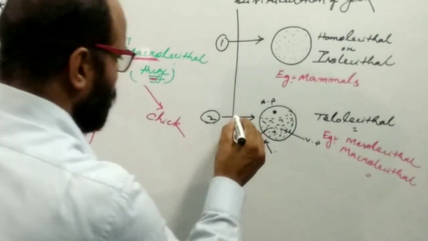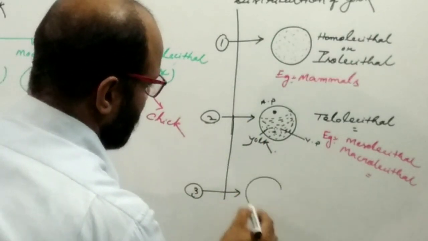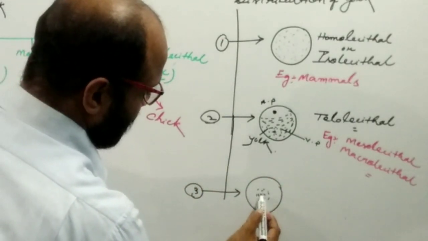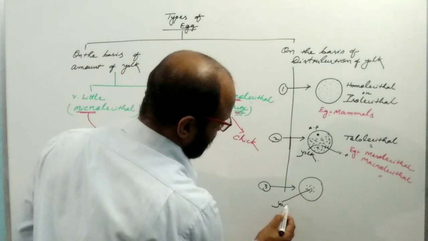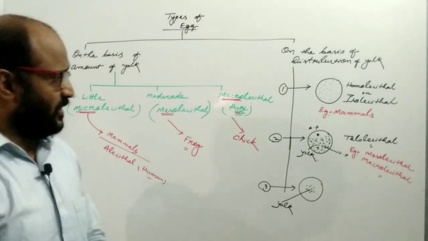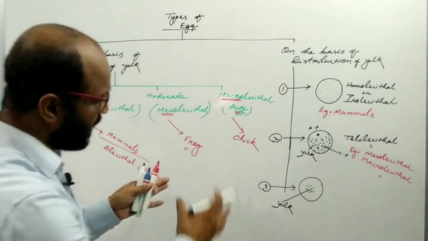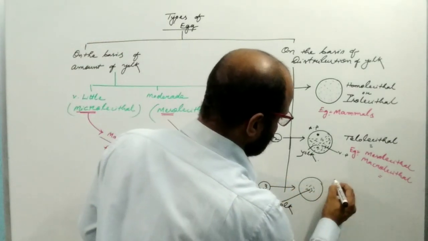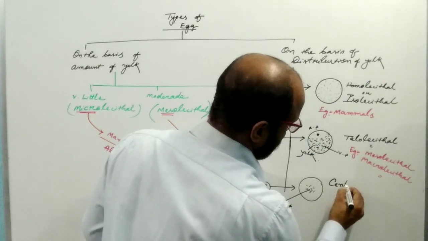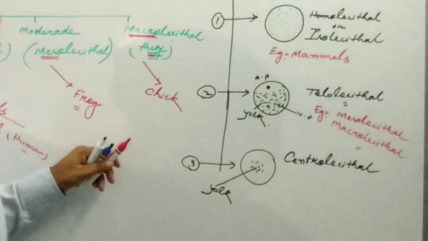Somehow the yolk may be present at the center. Suppose that this is the egg. If the yolk accumulates at the center, suppose that this is the yolk, then this egg is known as centrolecithal. If the yolk is deposited or present at the center of the egg, it is known as centrolecithal.